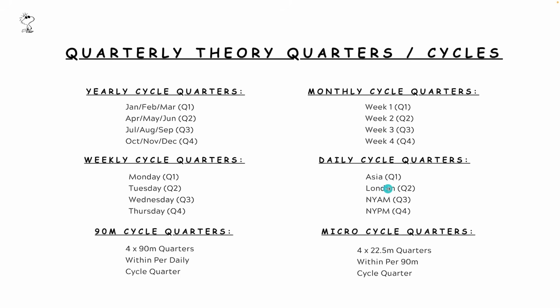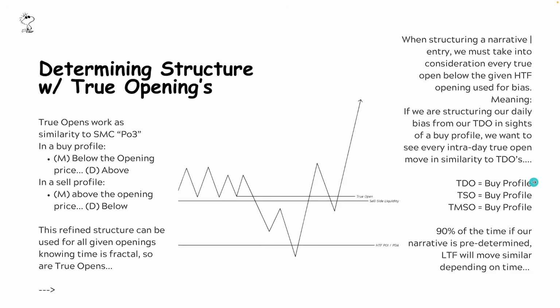Each of these quarters, or each of these sessions, are going to consist of 4 90-minute quarters, meaning the second 90-minute quarter of New York AM can be your true New York opening. Meaning, if true day is in a bullish narrative, we want to see true New York or true session opening in the exact same buy profile. What this is doing is you're correlating all time frames to fill in the exact same criteria, the exact same alignment or structure, to give you precision.